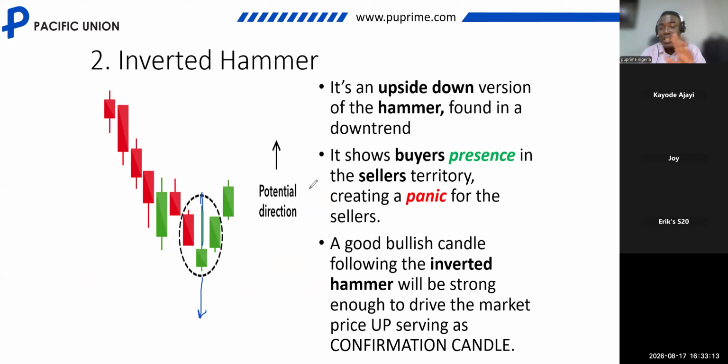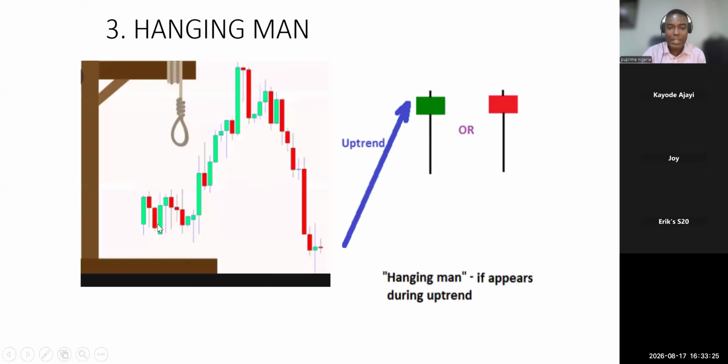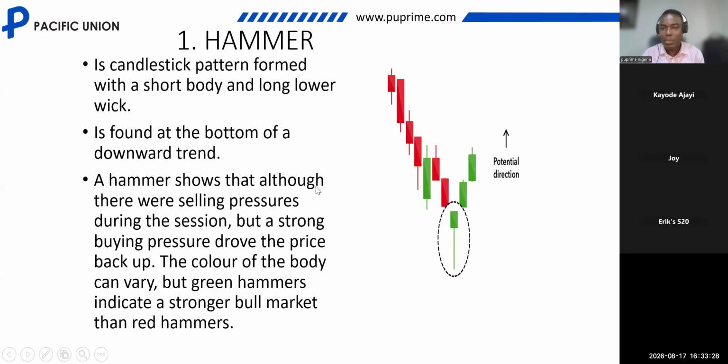But if any of it is confusing, what I always teach is this: hammer and shooting star are always very clear. The inverted hammer and hanging man sometimes confuse beginner traders, but for a start, just stick with hammer.